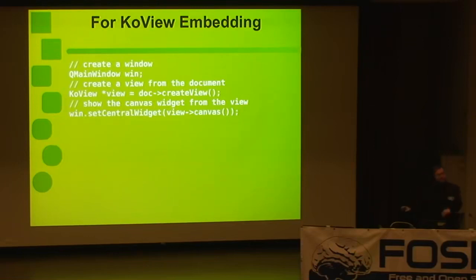You simply grab the canvas widget out of the view and set it as your central widget. And then you've got your document, it's shown. It will even scroll already. It will even zoom, although you might have to implement some actions in your application to connect to the zooming functionality in KoView.